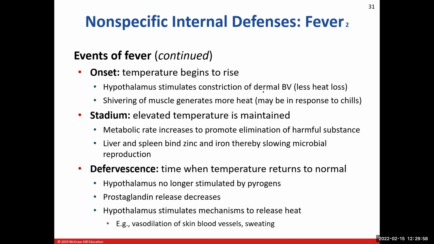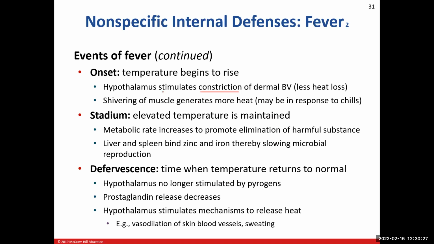What we'll see is the hypothalamus is going to cause vasoconstriction in those blood vessels found in your skin to help retain the heat. Because again, these pathogens like to have a certain temperature. If we move them outside their comfort zone, it will impair their ability to reproduce.